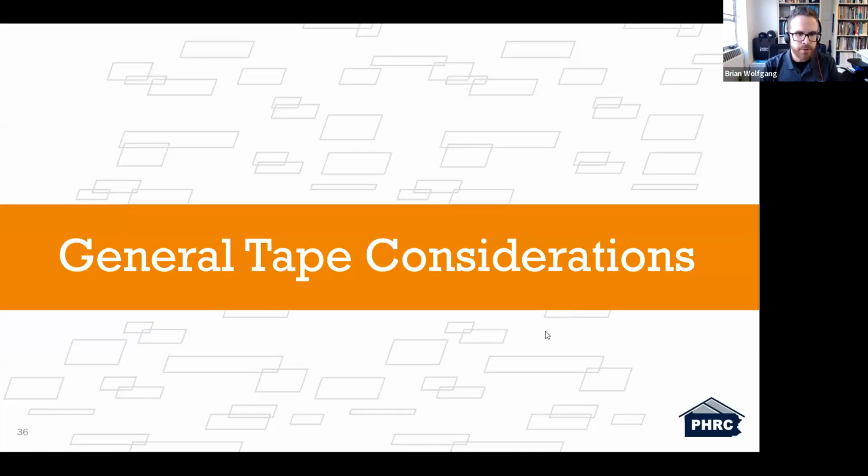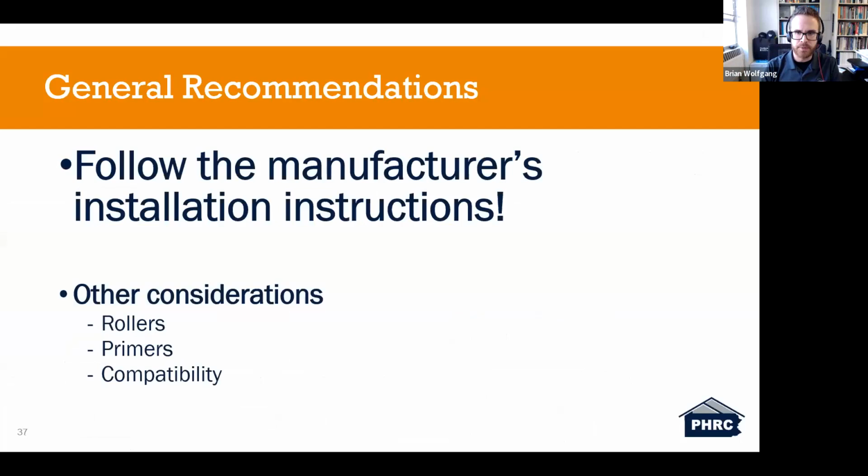So to continue on, I want to talk about just some general tape considerations. Again, the idea here is not to tell you what tape you should use, but to get you thinking about what are some additional considerations that would help you determine your best options. The first one here is follow the manufacturer's installation instructions. Again, just re-emphasizing that each manufacturer is going to be different. Even within a certain manufacturer, they have different types of tapes for different types of applications.